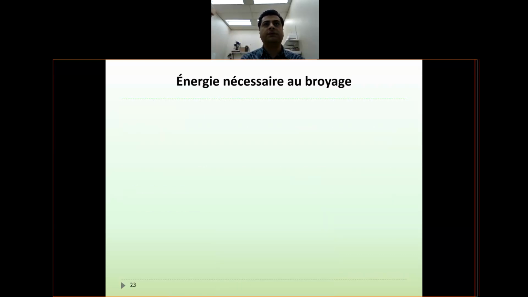Because drying is a very important and very energy consuming operation in any plant, in mineral processing, biomass conversion, in pharmaceutical, in petrochemical, everywhere. Drying is important, and you can see how big the dryers are. This is the dryer. You can imagine how big it is. It's a rotating drum.